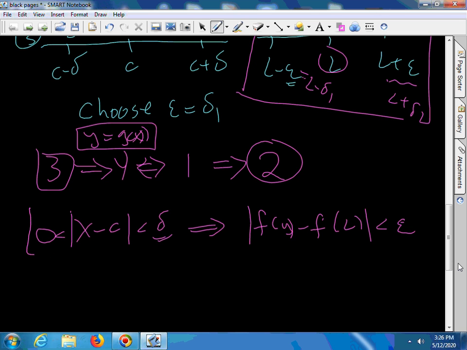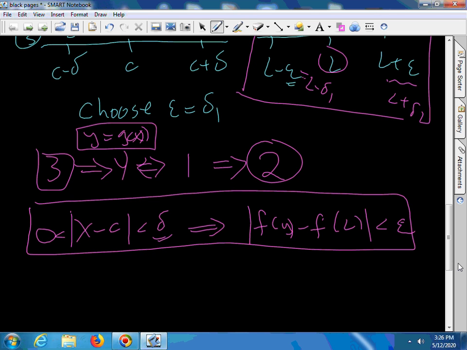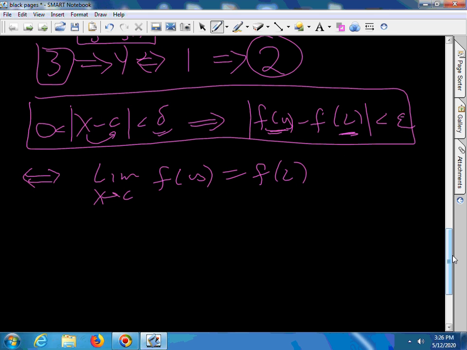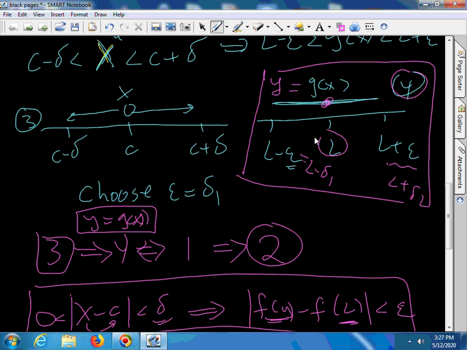By definition, this statement means that the limit as x goes to c of this equals that, where y is g of x. The limit as x goes to c of f of g of x is f of L. Let's just confirm it.